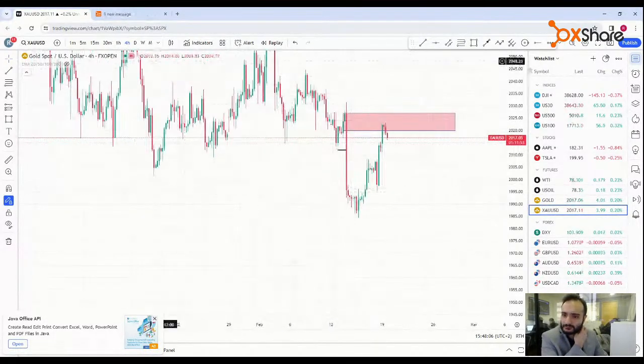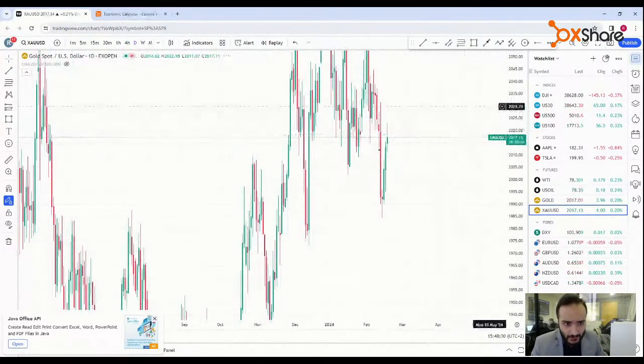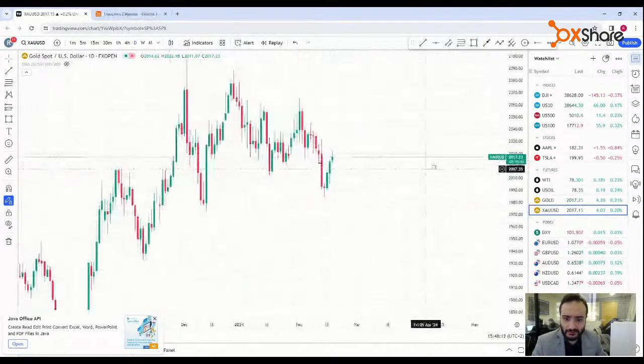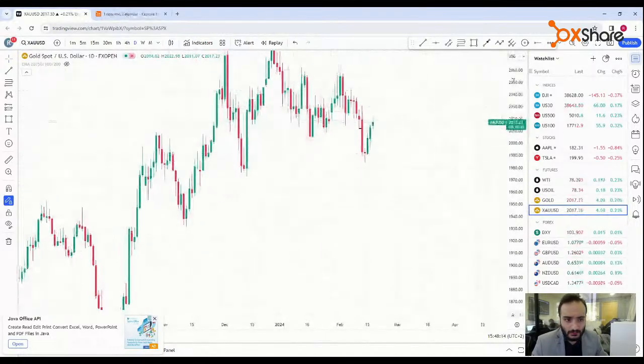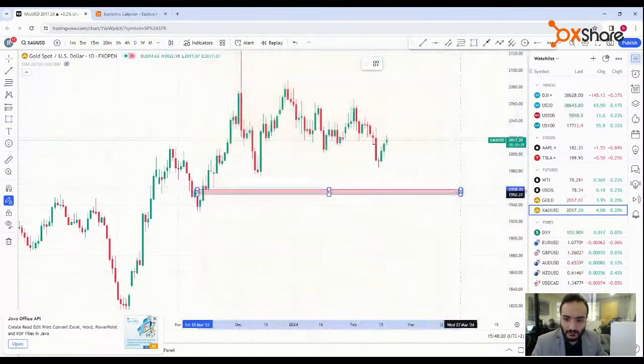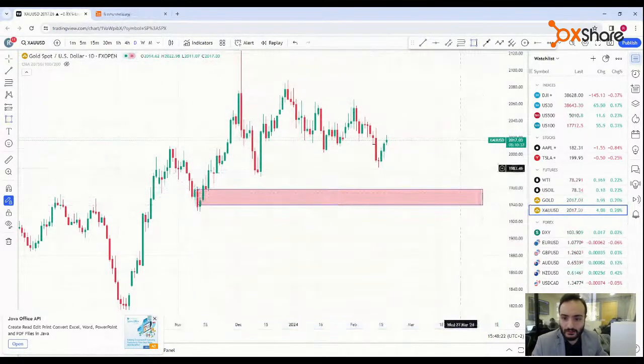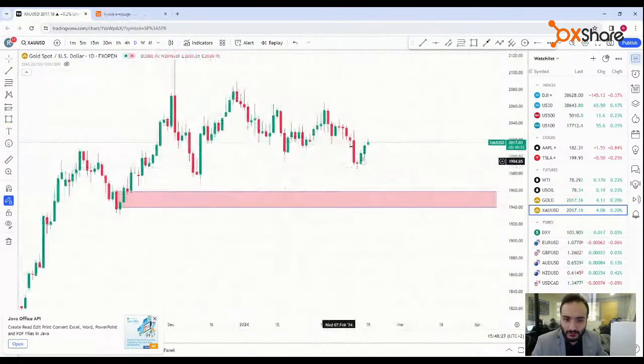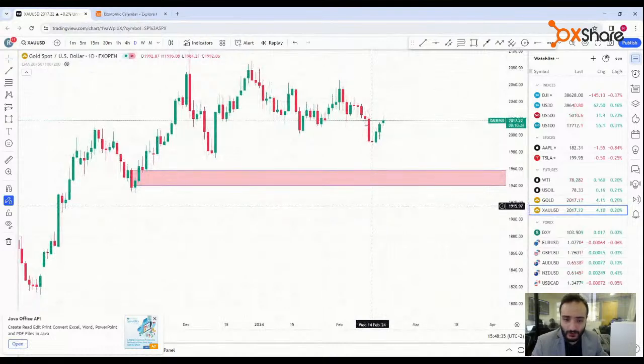So if you want to set some perspective, there is some probability that we might see lower levels for the gold, maybe at this level, considering a good buy from here for the bullish traders.